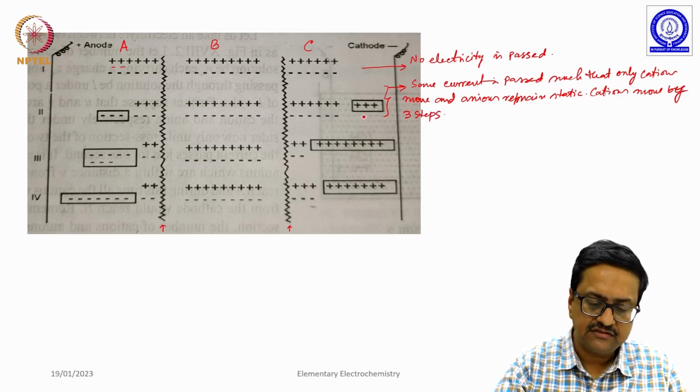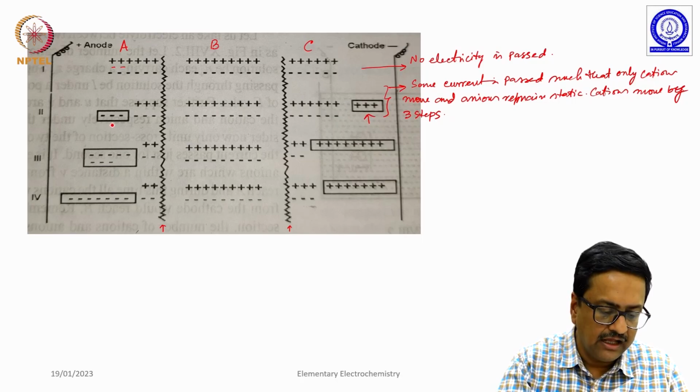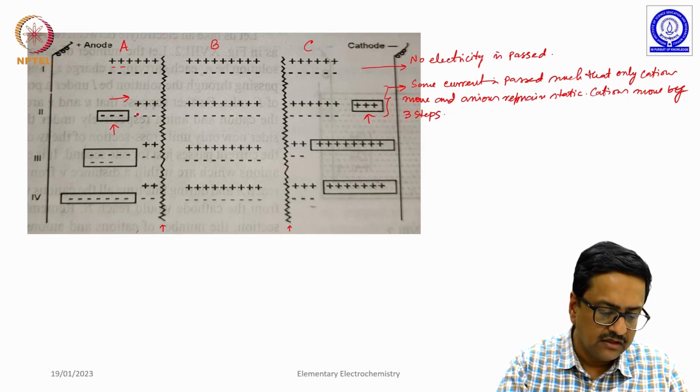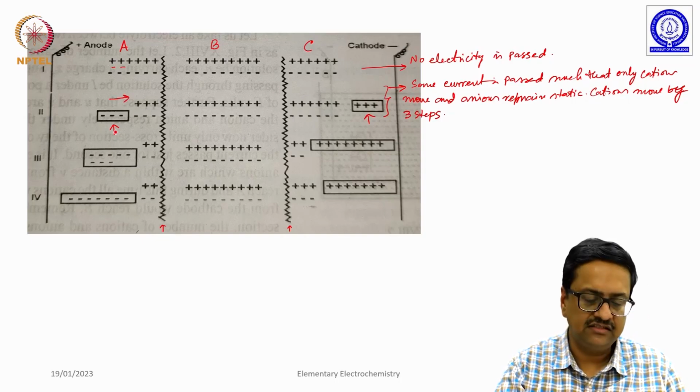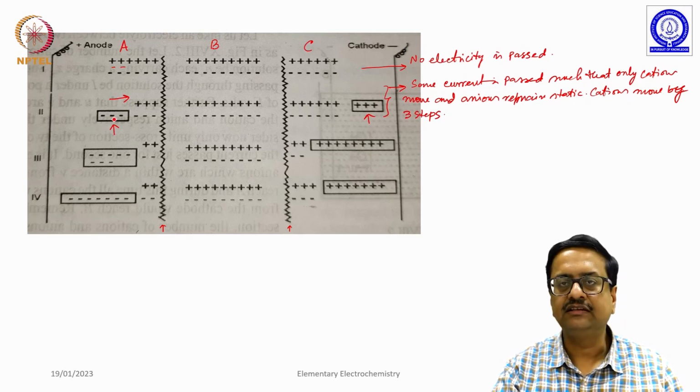So, what we see is in chamber C we have an excess of 3 cations, and because of the movement of 3 cations from left to right, from A to C, although the anions did not move, we have 3 excess anions in chamber A.